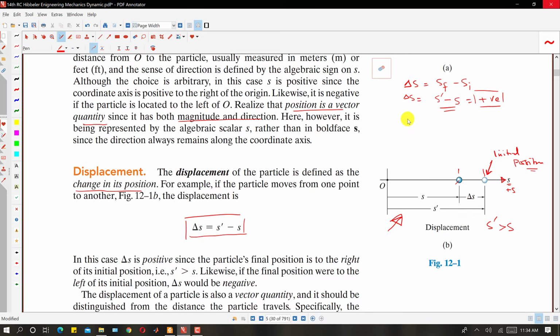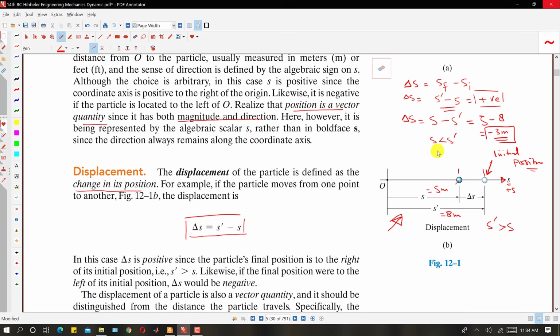If we then find the delta S, the final position is S and the initial position is S dash, and now S is less than S dash. So let's say this S dash is 8 meters and this S is 5 meters, then this difference will be negative. So S is 5 and the initial position is 8 meters, so this is minus 3 meters.